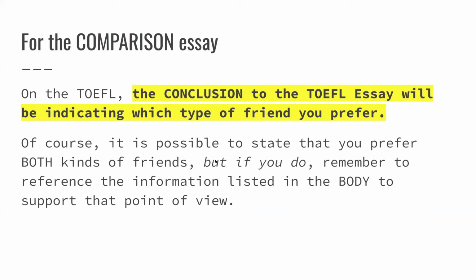On the TOEFL, the conclusion to the essay is going to indicate which type of friend you prefer. But remember, you can be creative. Of course, it is possible to state that you prefer both kinds of friends. But if you say that, then you need to make sure you reference some of the information you listed in both parts of the essay.